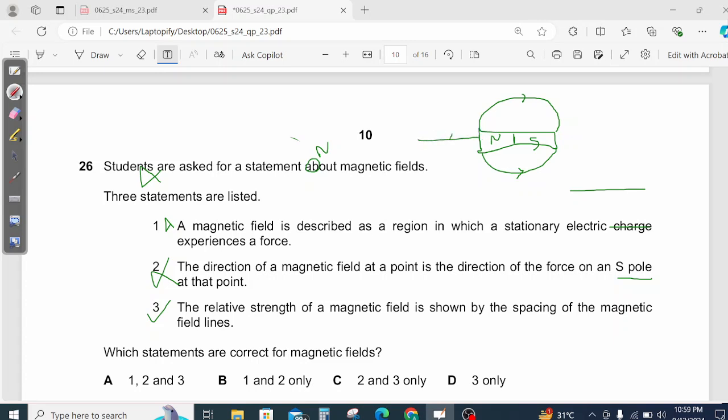If the distance is larger, then in that region the magnetic field will be weaker. You will see in the internet and in your book the pattern just like I am drawing here. This will be your pattern. So only option D is your answer.